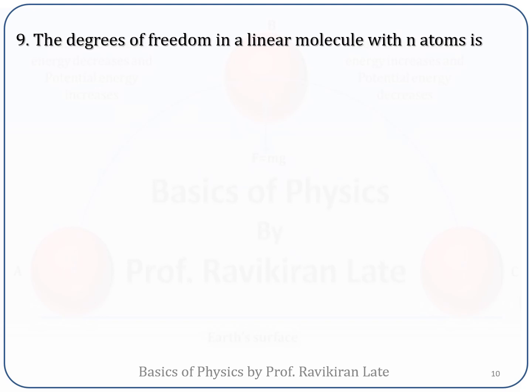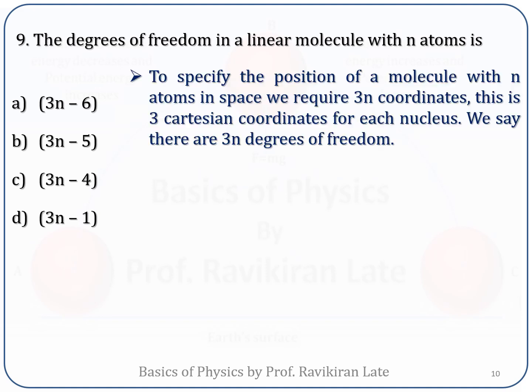Next question: degrees of freedom in a linear molecule with n atoms is, the options are given over here. Now we know what degrees of freedom is. Degrees of freedom is nothing but how many coordinates are required to specify the position of a molecule. So in general, if you talk about a linear molecule which has n atoms, it will require 3n coordinates.